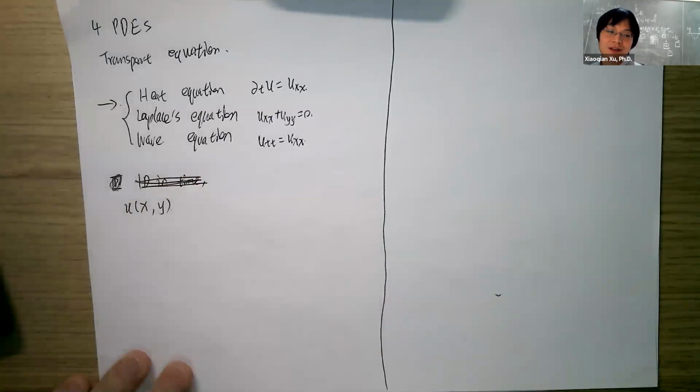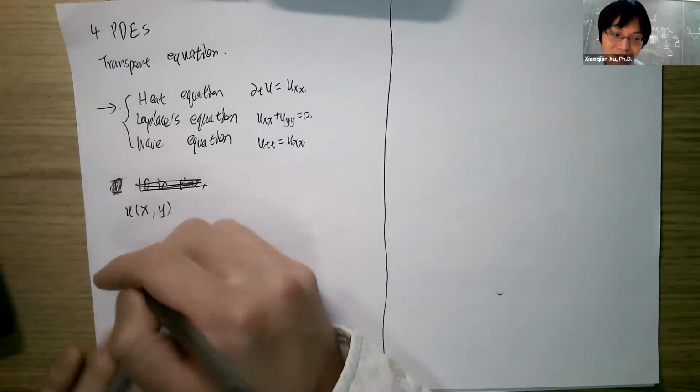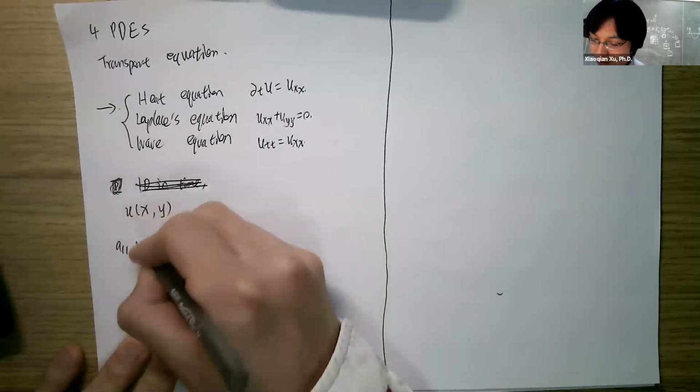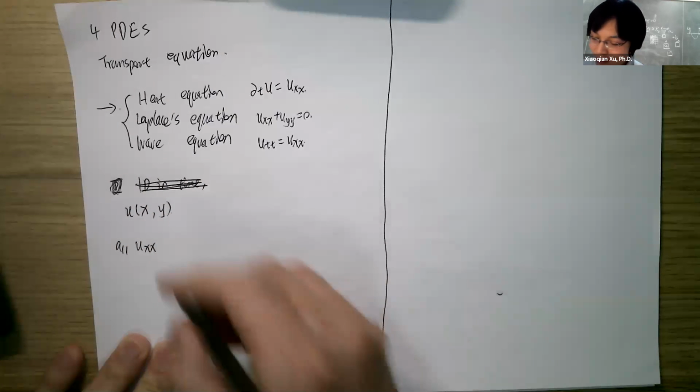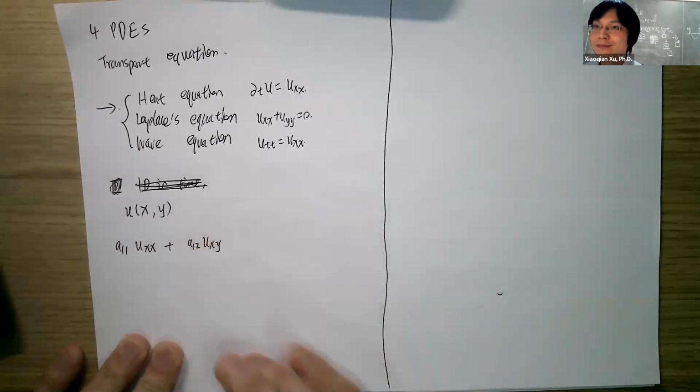If it is something like this, then we may have some general form of second order differential equations. Like we may have a11 u_xx, right? Plus a12 u_xy, right?